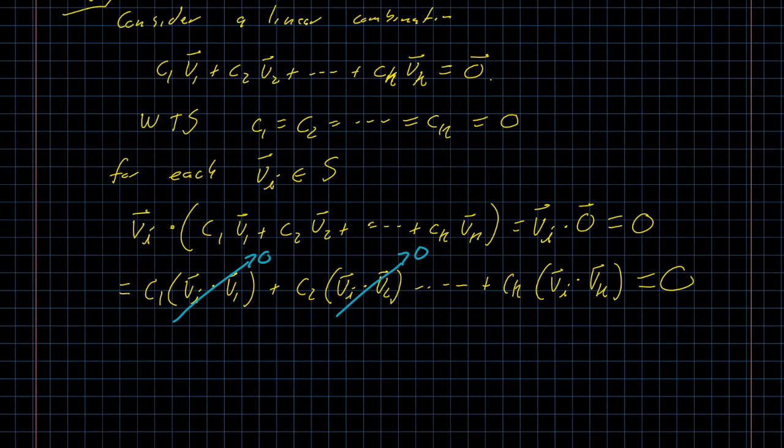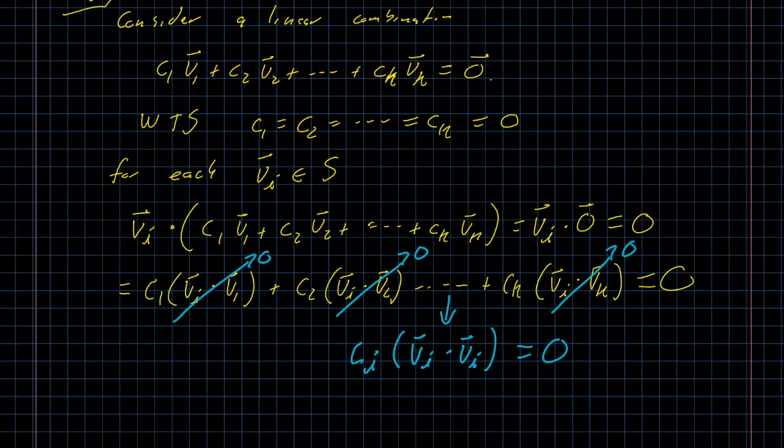When you dot Vi with Vk, you get 0. Except for the one vector, whichever one it is, Ci times the quantity Vi dot Vi. That's the only thing that remains. Everything else has to be 0. That's what it means for a set of vectors to be orthogonal.